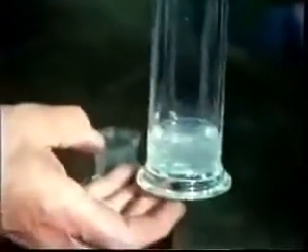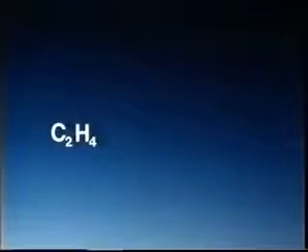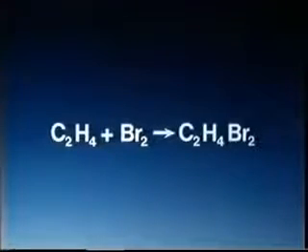It becomes colourless. This is because the bromine reacts with the ethene by joining onto it, forming dibromoethane, C2H4Br2, which is a colourless compound.